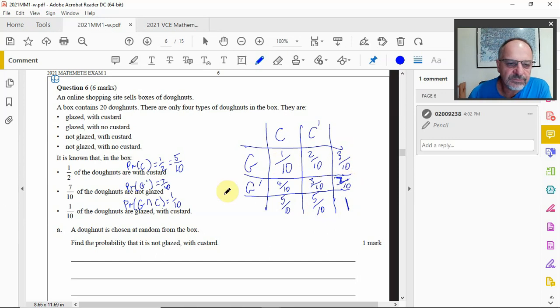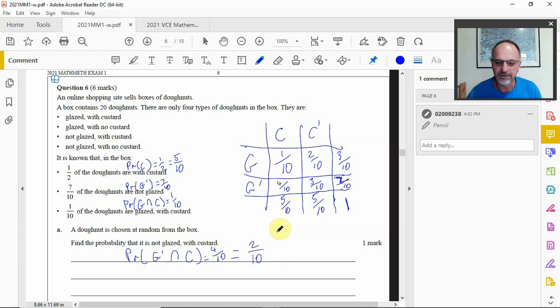All right. So now, the donut is chosen at random. Find the probability that it is not glazed with custard. Not glazed with custard, 4/10. So the probability not glazed with custard is 4/10. And of course, we should always give simplest form.